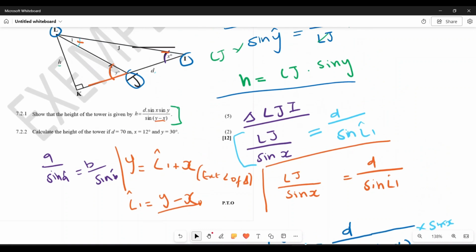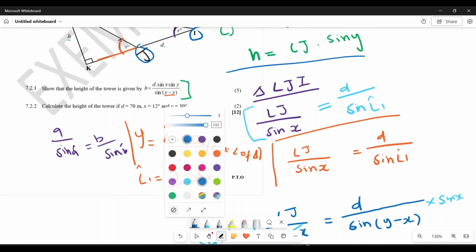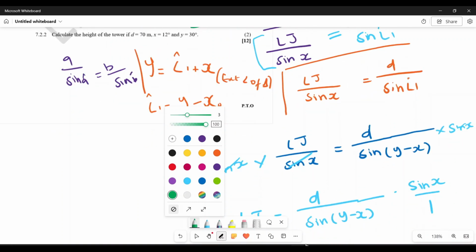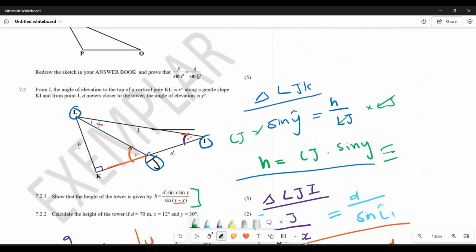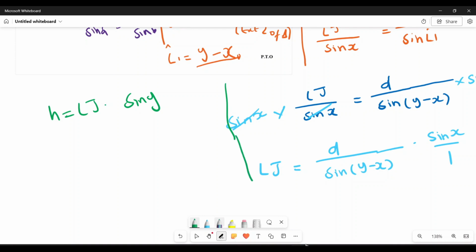On the first equation, let me highlight it, this equation right over here, I said my H is equal to LJ multiplied by sine Y. Now I found my LJ, so let me substitute it here.